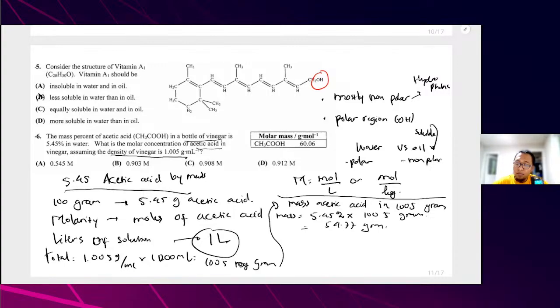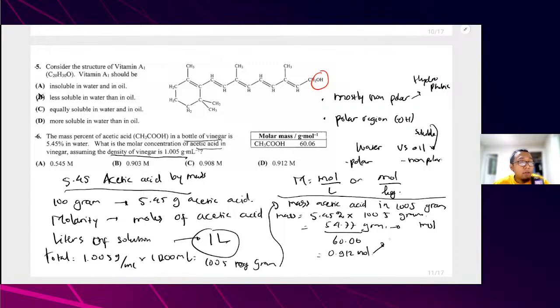Now let's convert it to mole. It's pretty simple. Just this one divided by 60.06, and then we will get 0.912 mole. Now we need to convert mole into molarity.